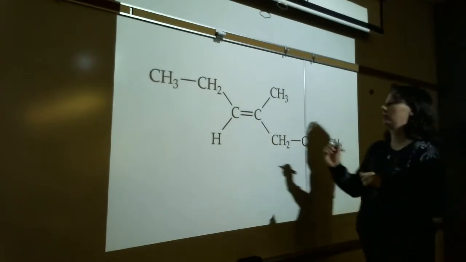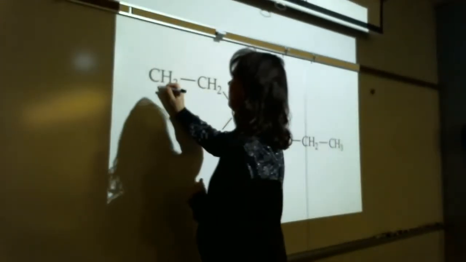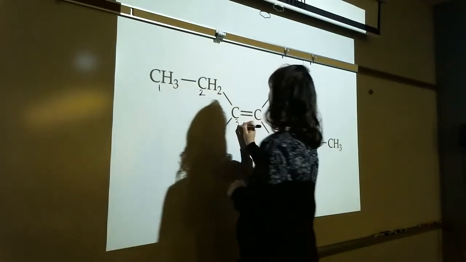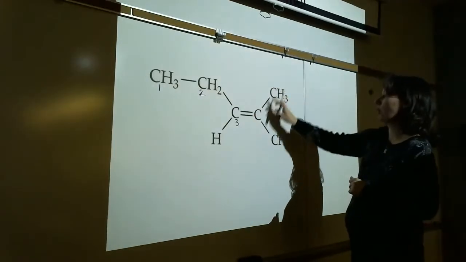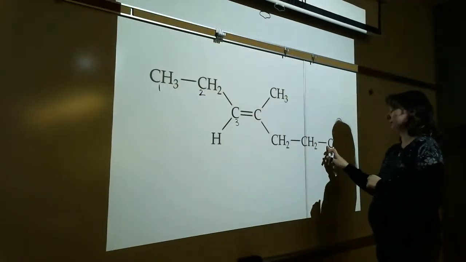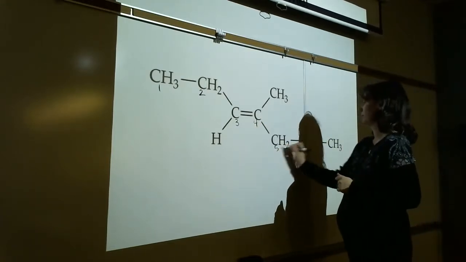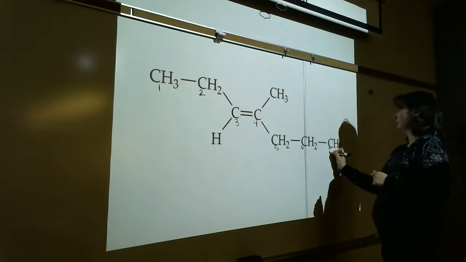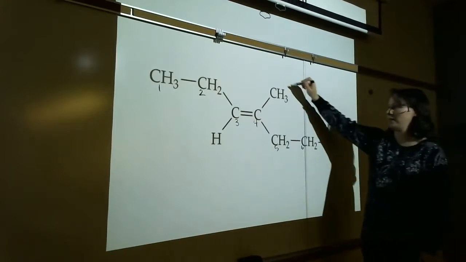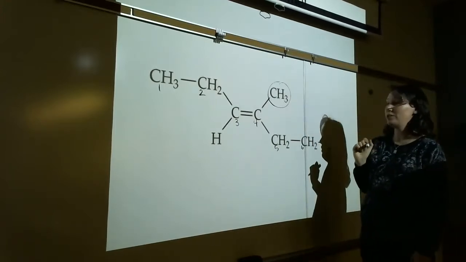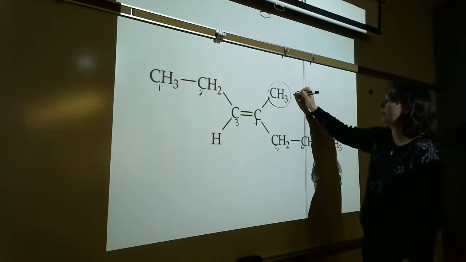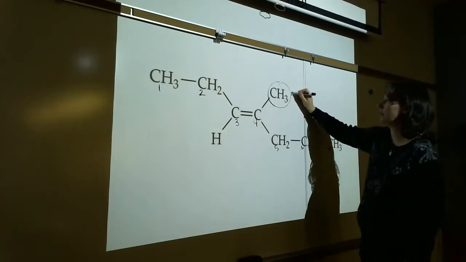From the left, right? Okay, so we're going 1, 2, 3, 4, 5, or 4, 5, 6, 7. We're counting to 7, right? So what does that mean that this is? That's a substituent, right? Good. What kind of group is it? It's a methyl group.